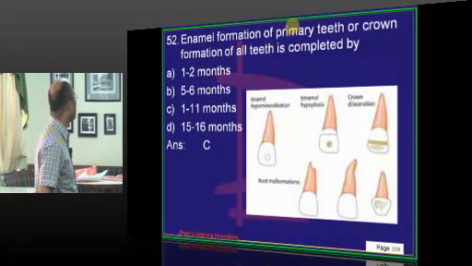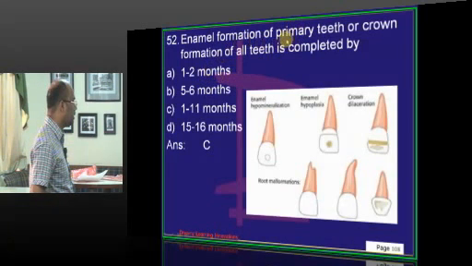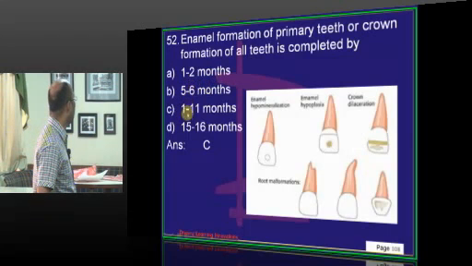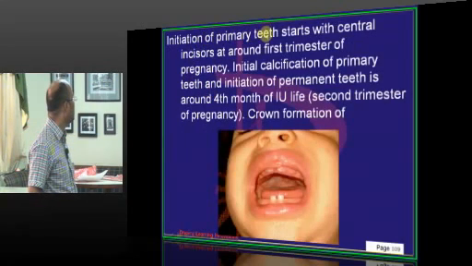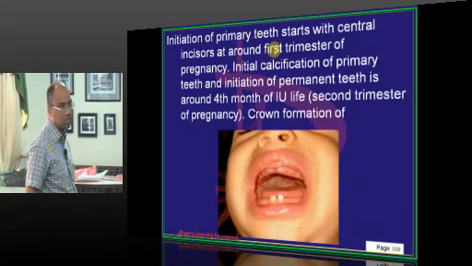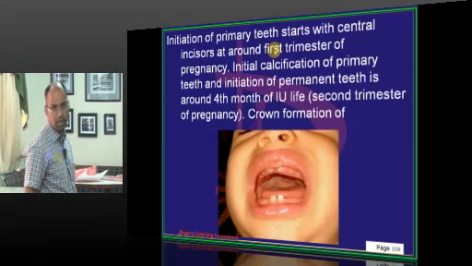Enamel formation of all the primary teeth is completed by 1 to 11 months. Initiation starts in the first trimester of pregnancy for the primary teeth.